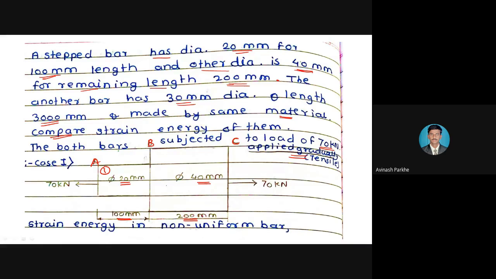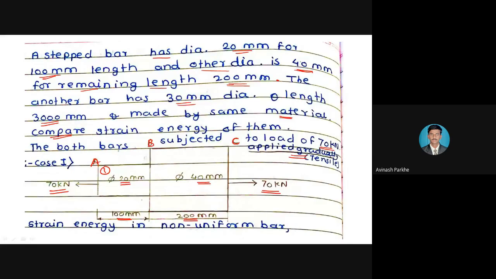It is made by the same material, which means Young's modulus remains the same. And this stepped bar is subjected to the external load of 70 kilonewton which is applied gradually, and we have to calculate the strain energy stored in this particular section AC.